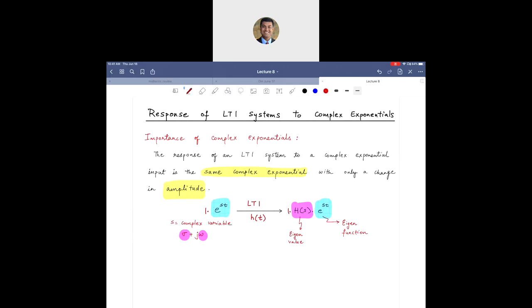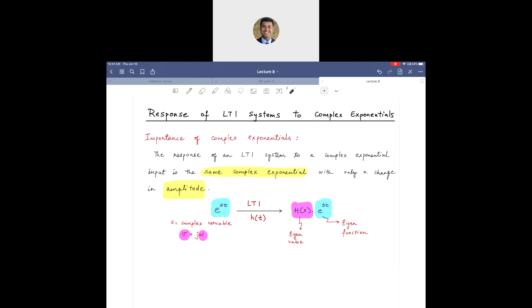So if you had some scalar alpha there, this would be some scalar alpha there, because it's LTI, so it is linear, so it is additive. We know that. But right now, the scaling of the exponential on the input side is 1, and the output side becomes H of s. So what are you trying to evaluate?